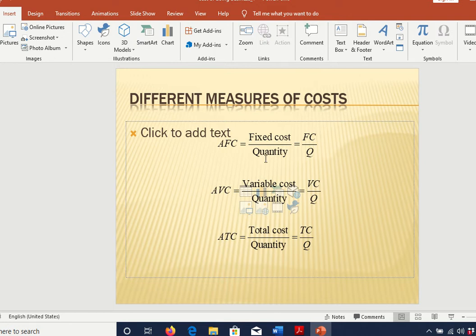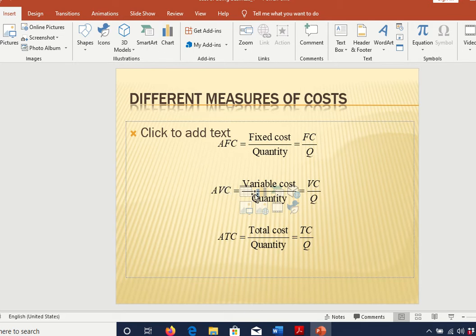Be very careful here when we look at the quantity. It is the quantity of output that is in the denominator because we're looking at a per unit output, the cost per unit output. So it's not the input.